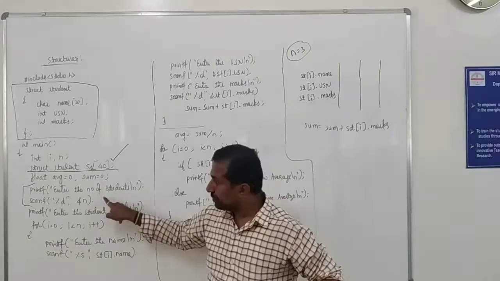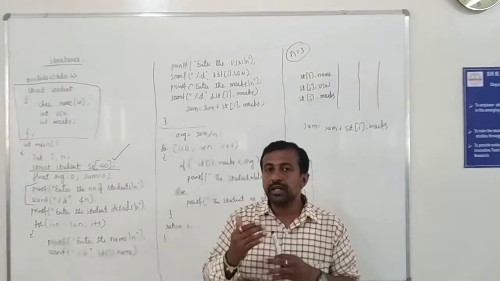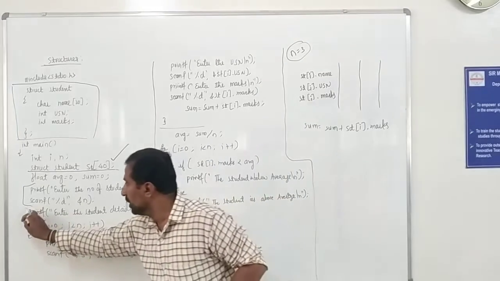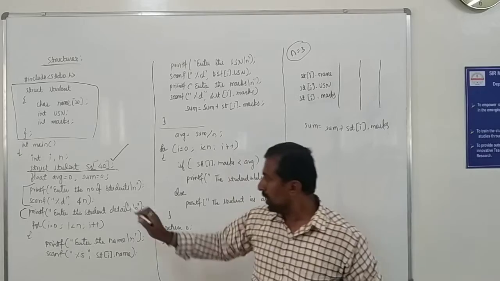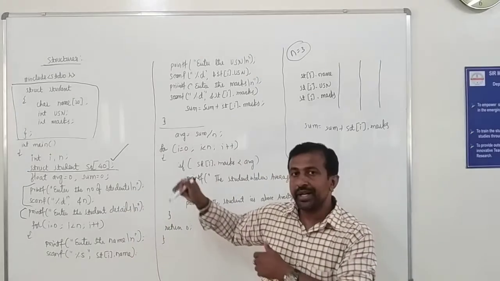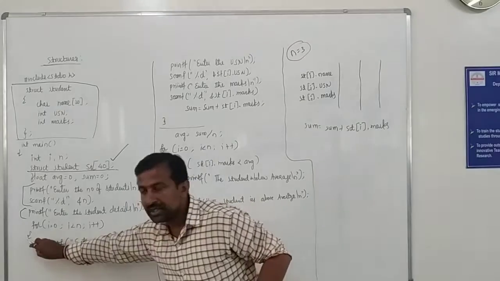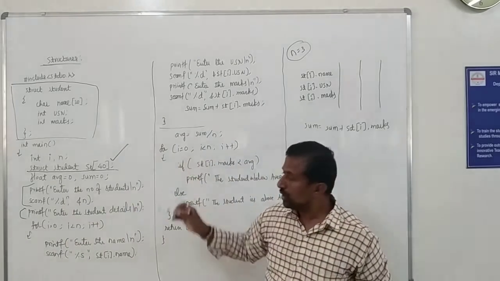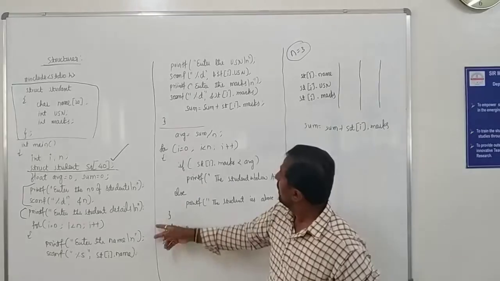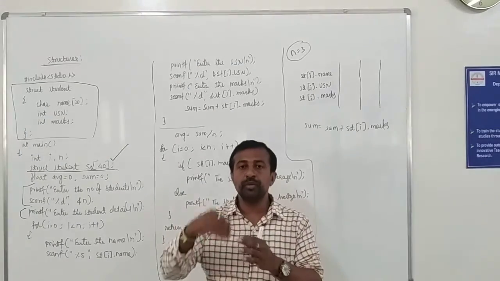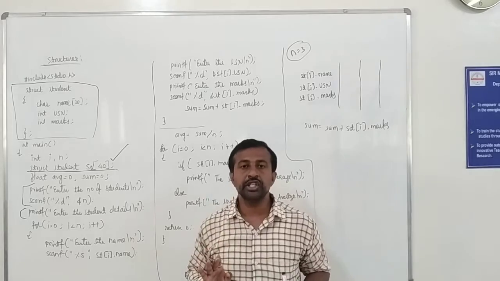Next, I can enter the details of the students one by one using the for loop. For that, print one message on the screen, such as the student details, and take one for loop. The for loop opens here and ends here. Between them I have a total of 7 statements, which will be executed on each iteration.